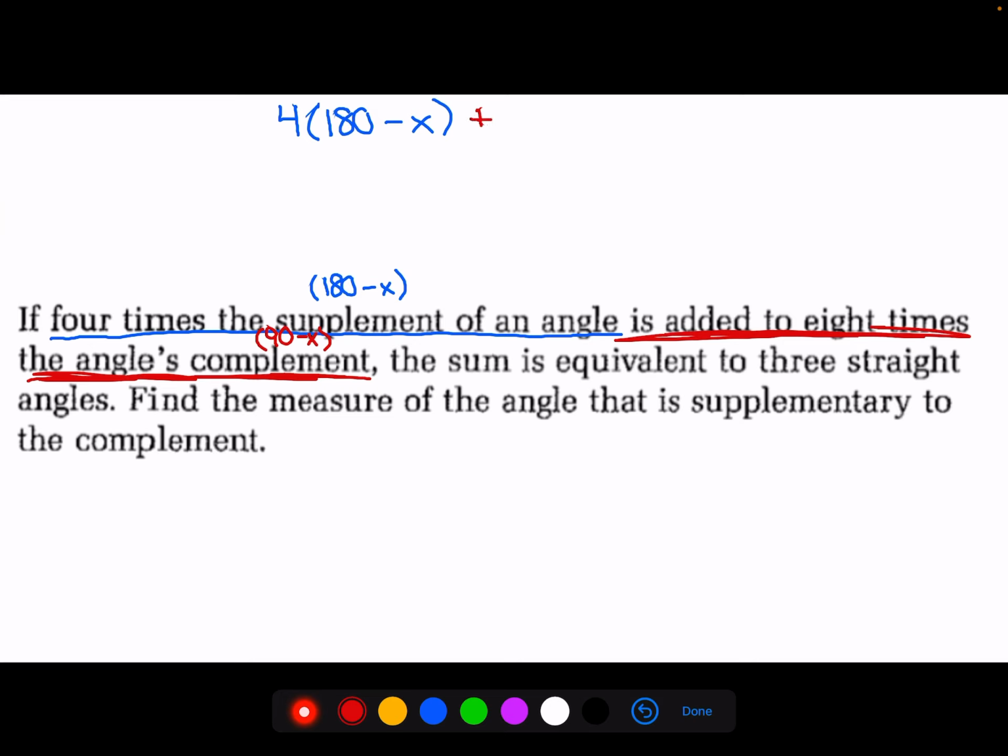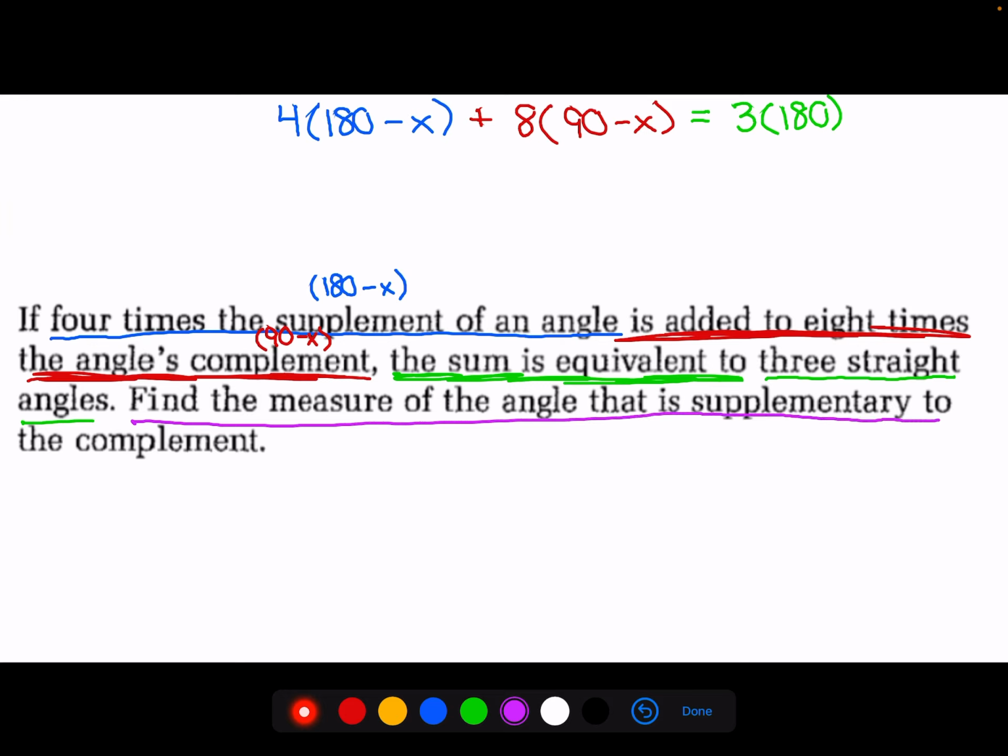So I'm adding 8 times the complement. The sum of that is equivalent to, meaning it's equal to, 3 straight angles. Well, how many degrees are in a straight angle? 180. We want to find the measure of the angle that is supplementary to the complement.